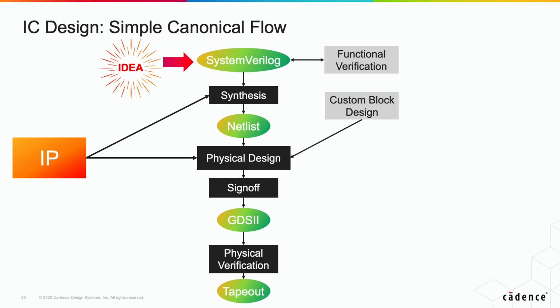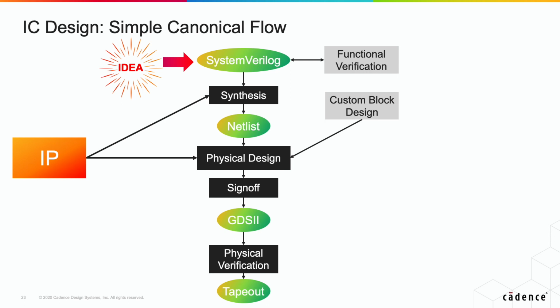And we do functional verification on the SystemVerilog, using programs called simulation, or perhaps special hardware for emulation, to check that the SystemVerilog actually does what we want our idea to do. Let's say we're designing a cell phone, then we want to check that when we try and make a phone call, it seems to work, and so on.